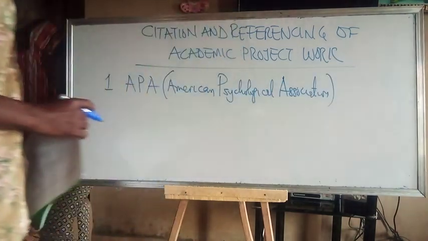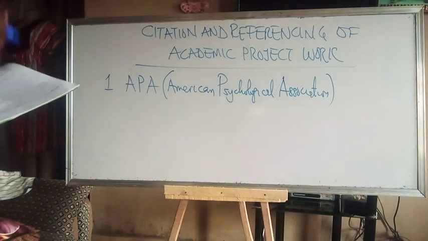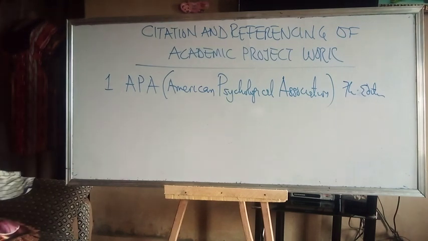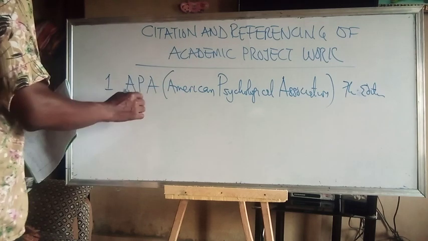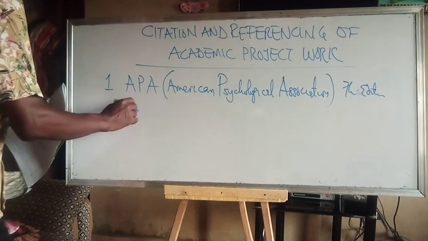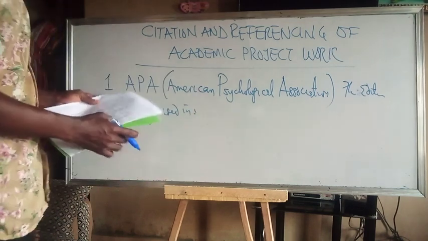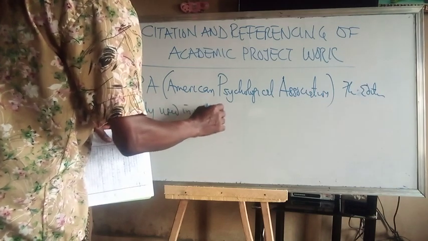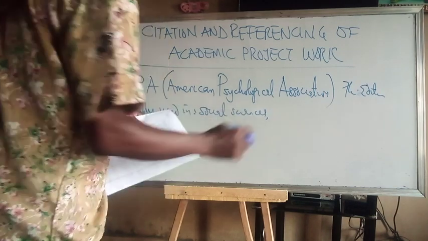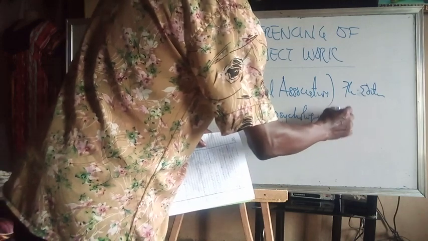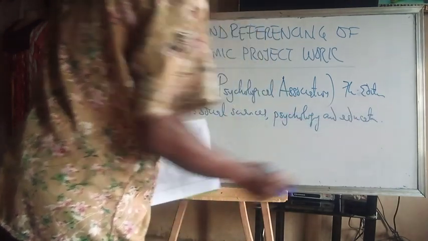We're going to look at the structure of this referencing style, specifically the seventh edition of the standard. It is mainly used in social sciences, psychology, and education. That is mostly found in these disciplines.